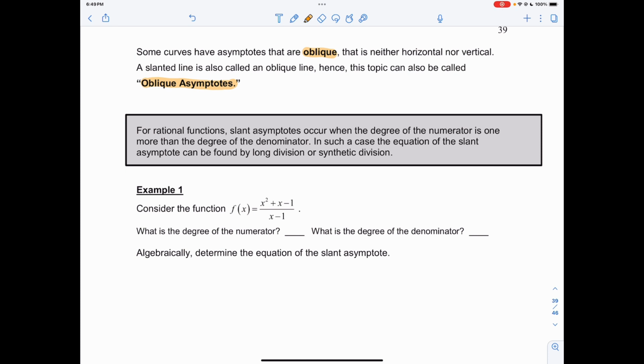For rational functions, slant asymptotes occur when the degree of the numerator is one more than the degree of the denominator. In such a case, the equation of the slant asymptote can be found using long division or synthetic division. So remember, oblique asymptotes are the same as slant asymptotes.